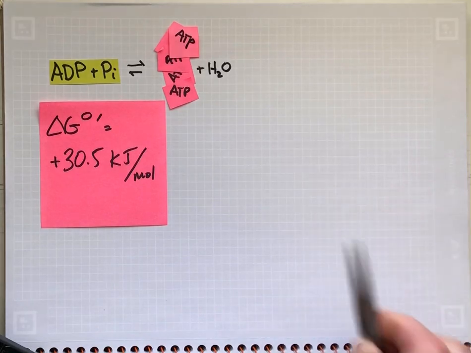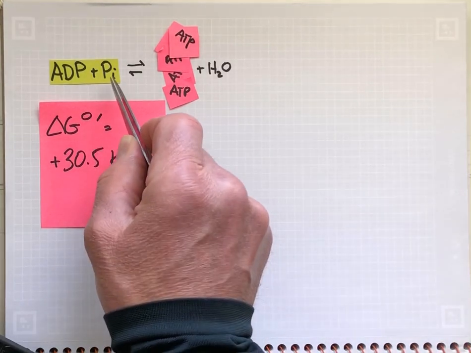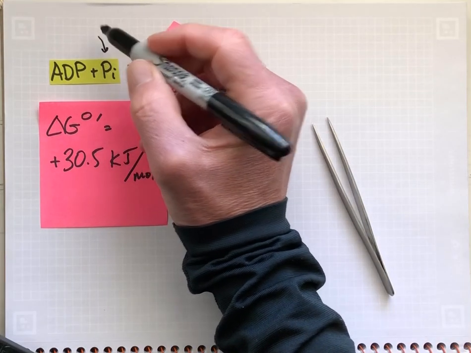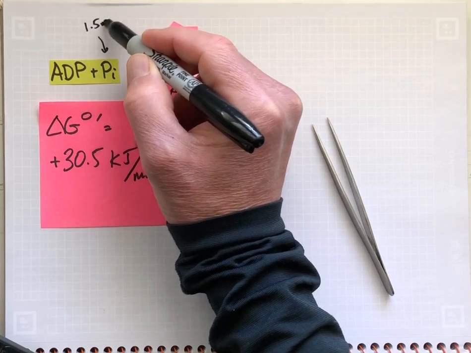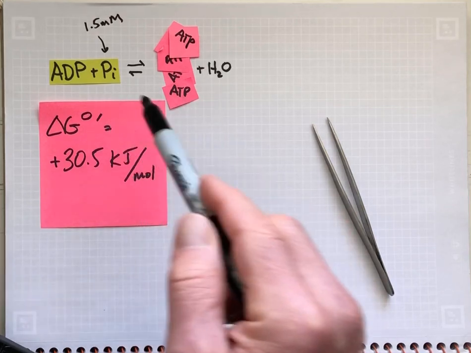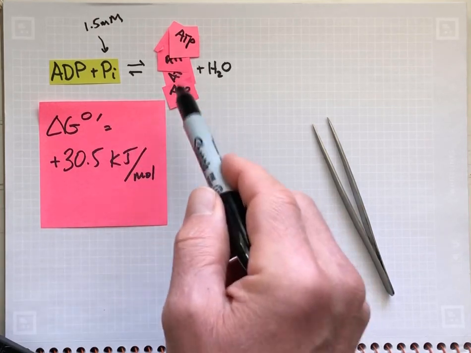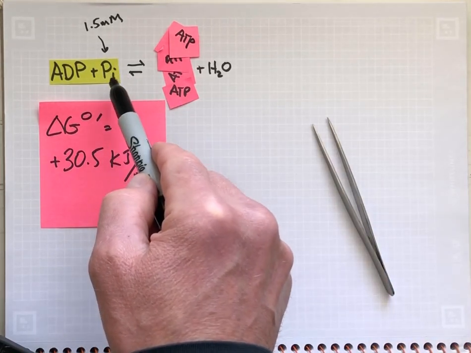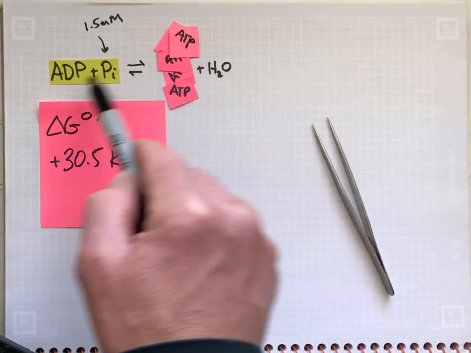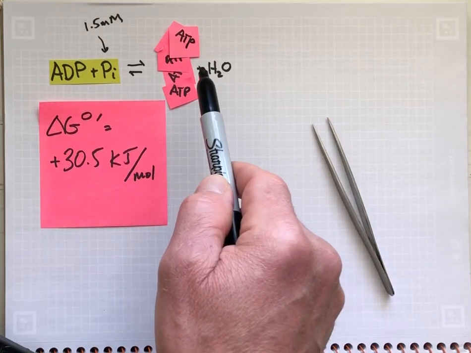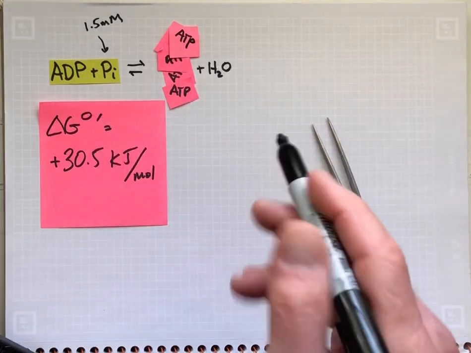The other difference from standard conditions is that the phosphate concentration is approximately 1.5 millimolar, not 1 molar, 1.5 millimolar. And this situation means that it's more difficult to make ATP than if we were at standard conditions, because we have less than 1 molar inorganic phosphate, and we also want this whole balance to favor ATP so that there's a high ATP to ADP ratio.